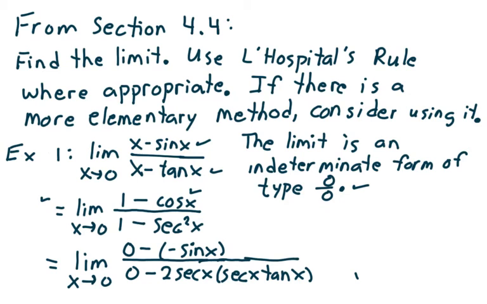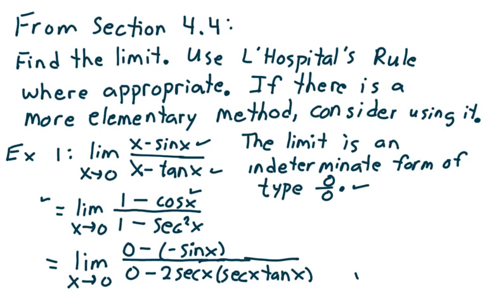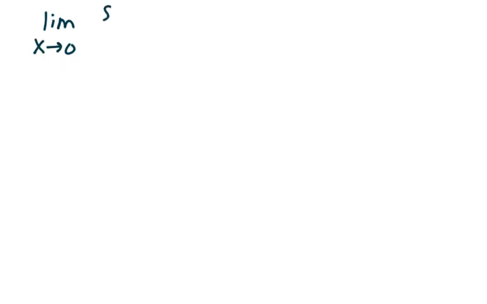So let's go ahead and rewrite that on the next page. So we have the limit as x goes to 0 of sine x over negative 2 secant squared x tangent x.